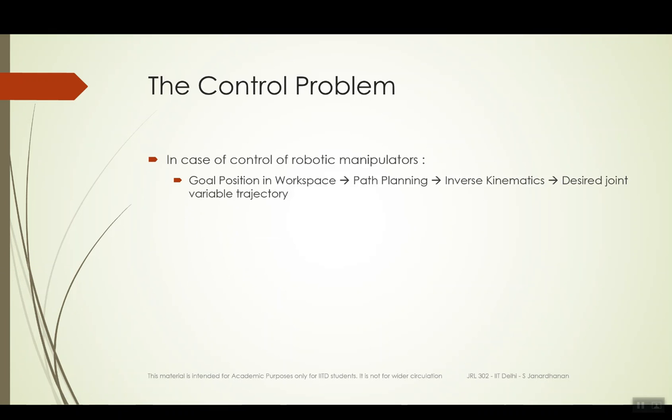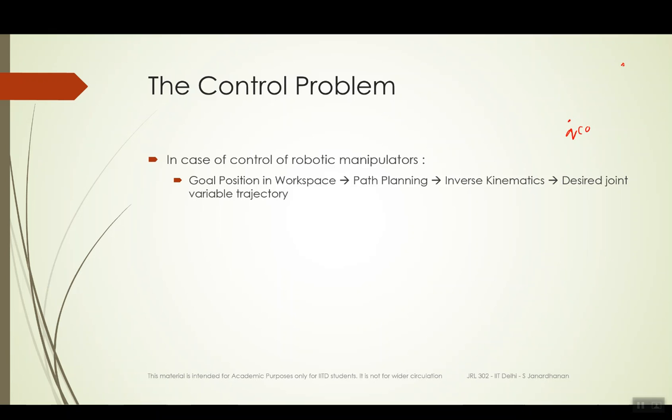In this lecture we'll go a little further into the analysis of the problem. In the case of a robotic manipulator, you have a goal position and some position at the initial time.